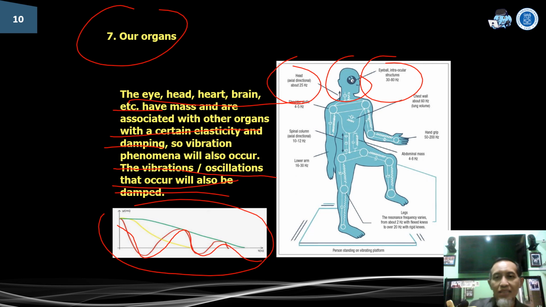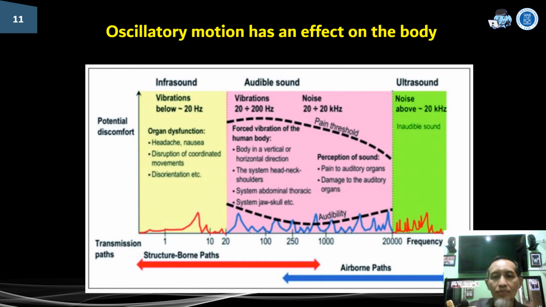So our organ will vibrate with high amplitude. Oscillatory motion has an effect on the body.